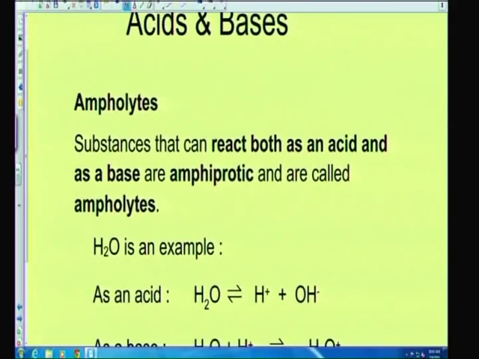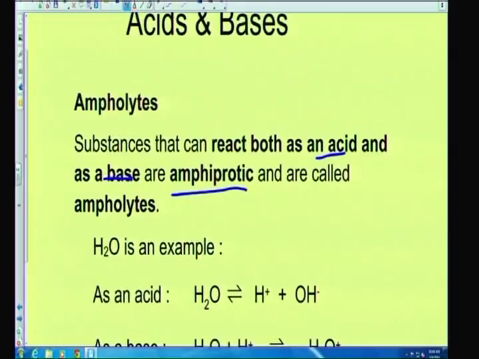And there are some classic ones. We're going to look at water as an example. These substances can react as either an acid or as a base, and they are called amphiprotic. Amphi meaning both ways. So like amphibian can be alive in water as well as on land.